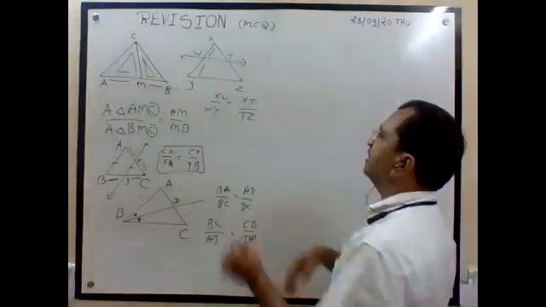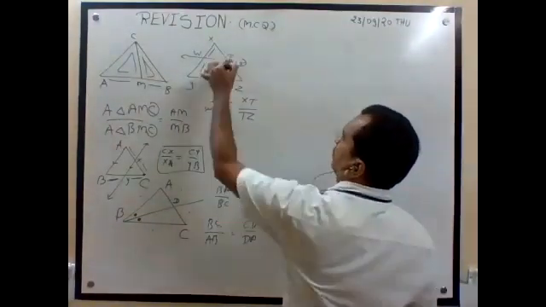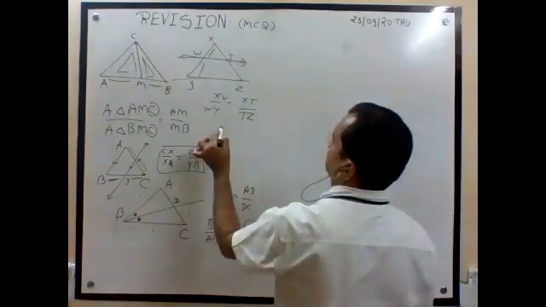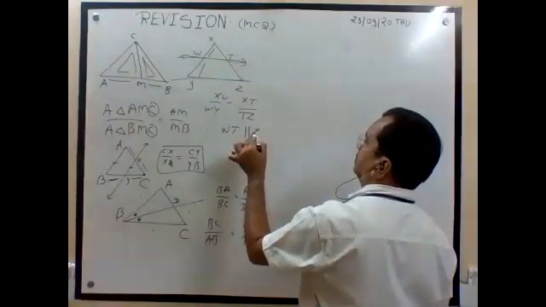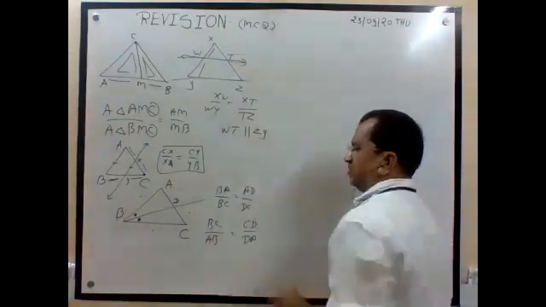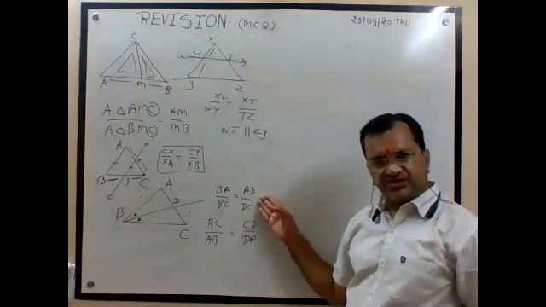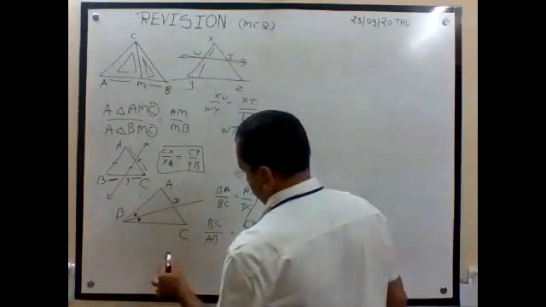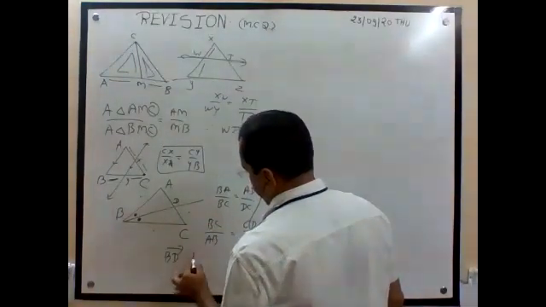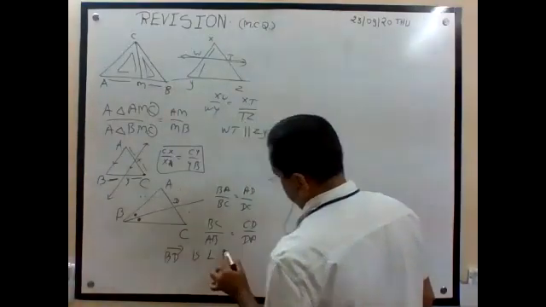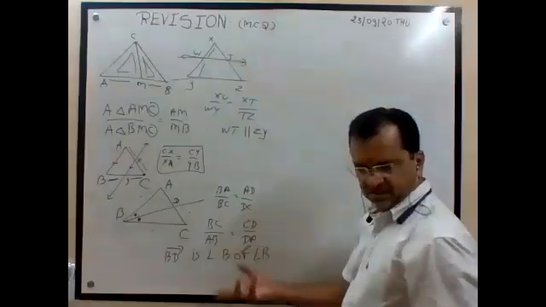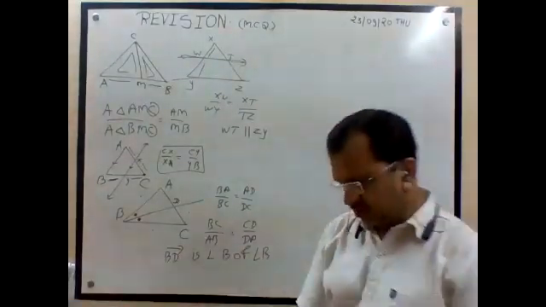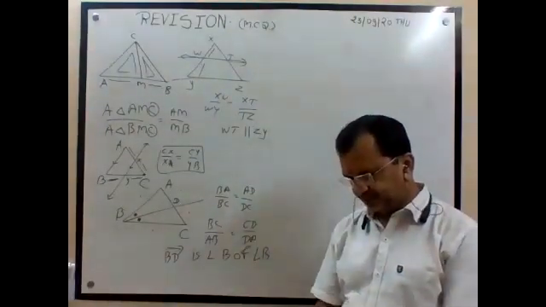And if these ratios are equal, therefore this is parallel to this. If they give this, we can write BD is angle bisector of angle B. Reverse. Converse property it's called.